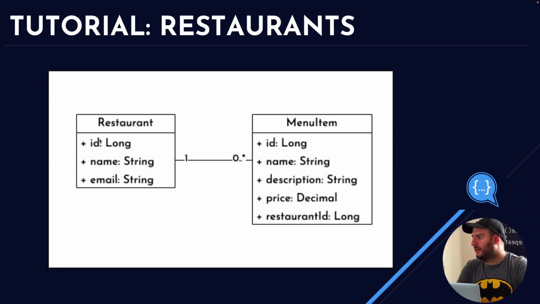So we see that there is a relationship between restaurant and menu item, and the relationship is one to many. So one restaurant could have zero or multiple menu items. So this is the database that we are creating.